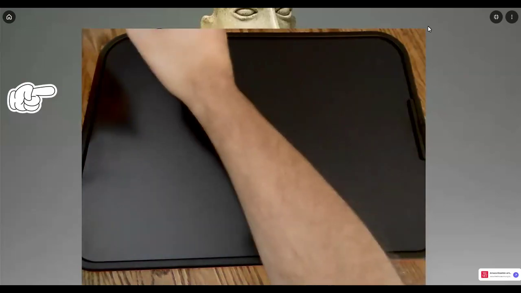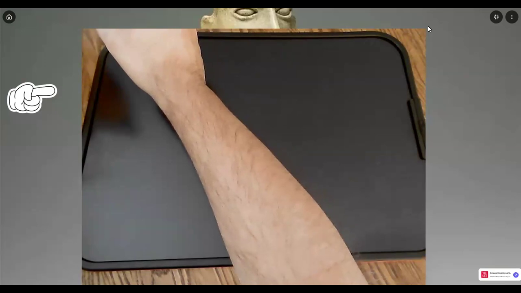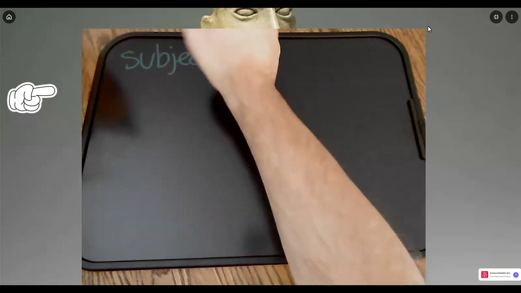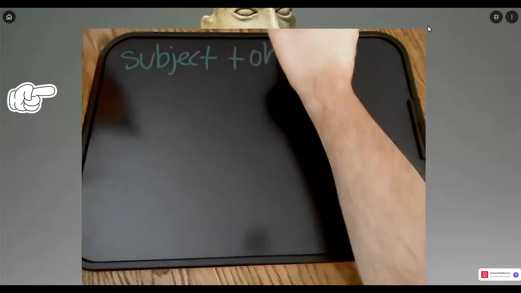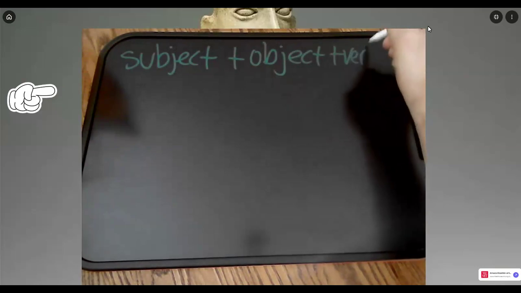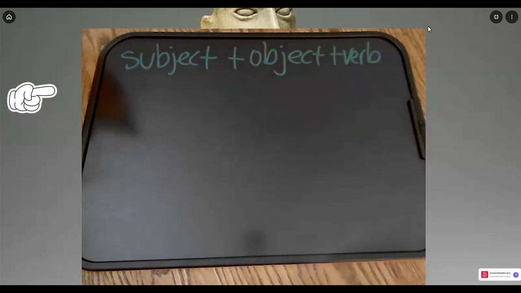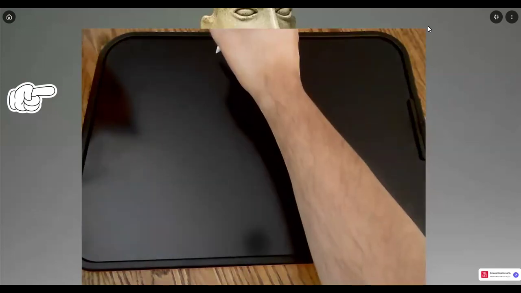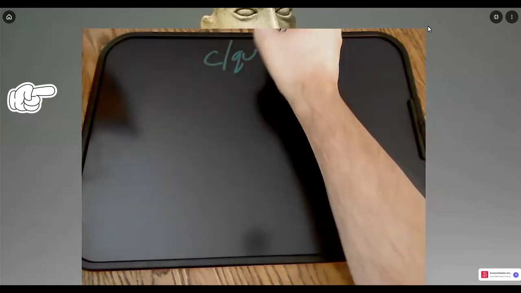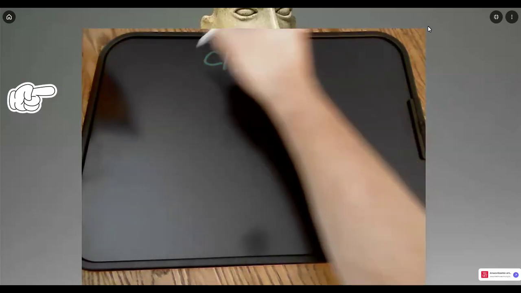Okay. So remember that the formula is always the subject plus the object plus the verb. And that the object is always represented by the C, the QU, or the QUI.